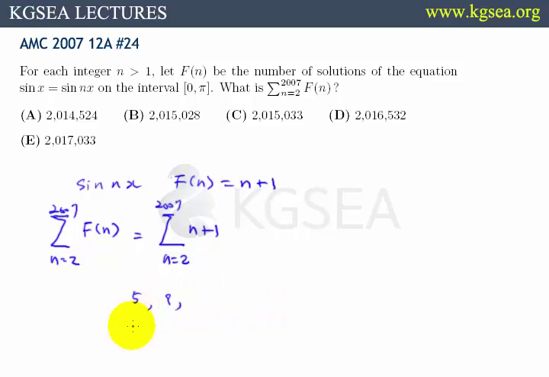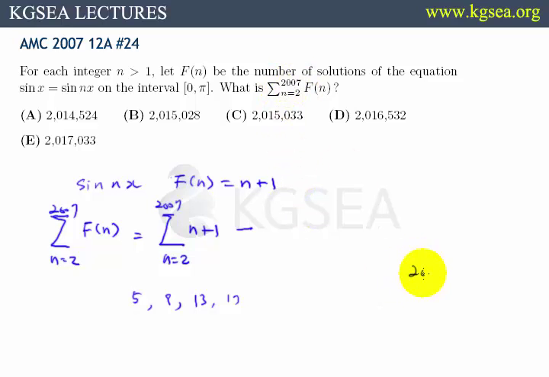I mean, these are the exceptions that would eat away. So I have to take away however many of these I have. So I started 5, 9, and as you saw, I got 13, and then I would have 17. But where would it end here? I have to end at 2007, but where is the multiple of 4 plus 1?